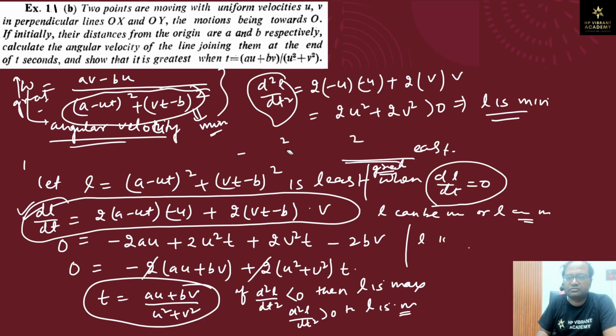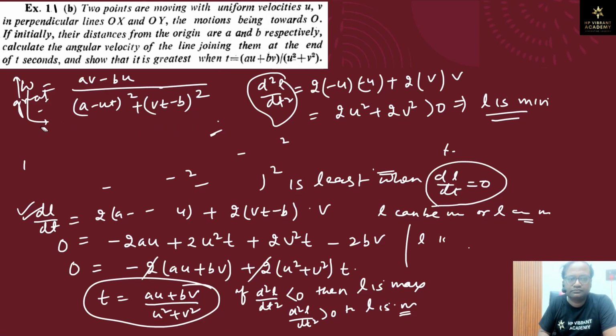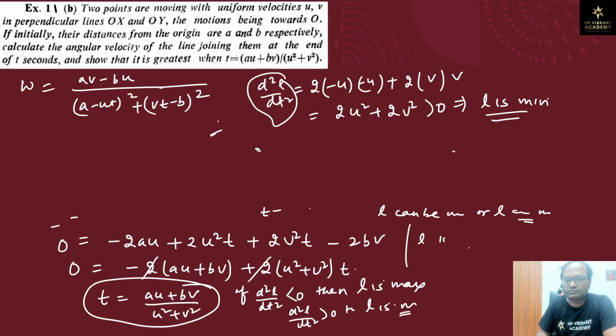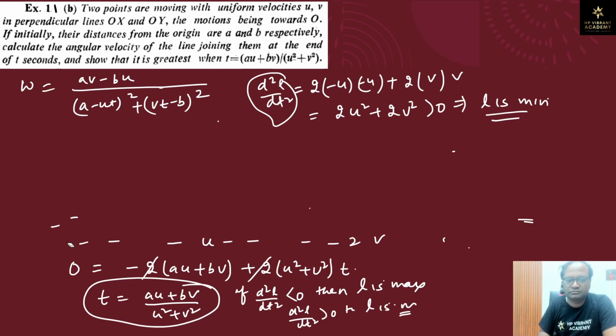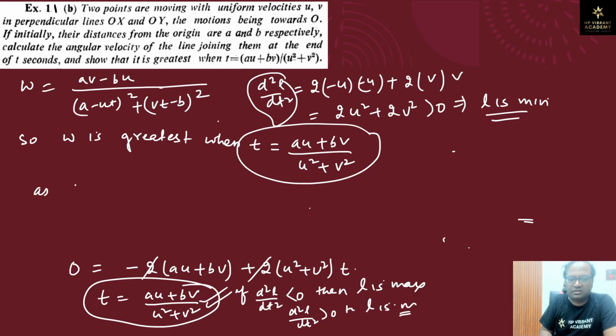So let us write down the conclusion. Omega is greatest when T is equal to (AU plus BV) upon (U square plus V square), as dL upon dt is equal to 0 and d2L upon dt square is greater than 0.